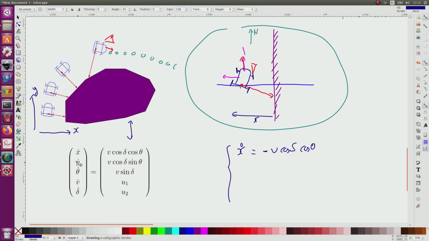Now this one does not exist anymore, since the car should stay on this line. Now this one I will keep, theta dot equal v sine delta. Here v dot equal u1 and theta dot equal u2. Okay.